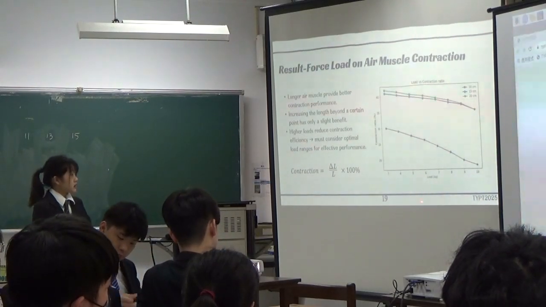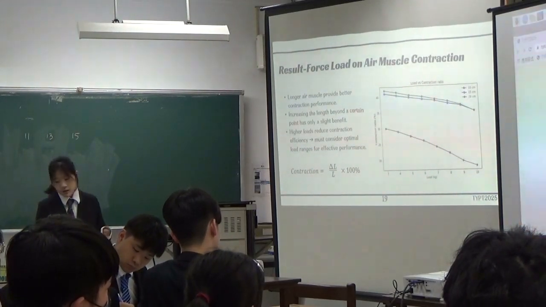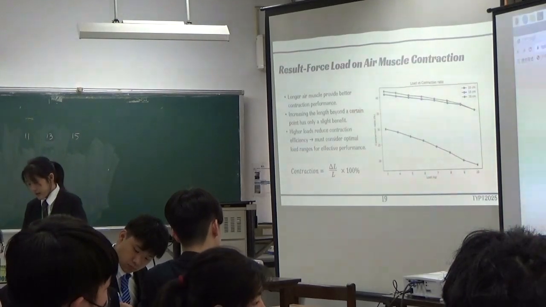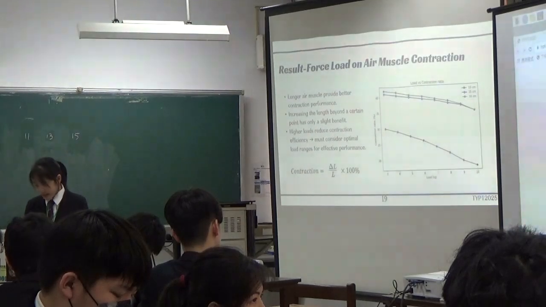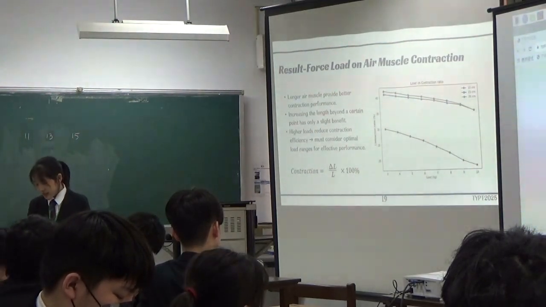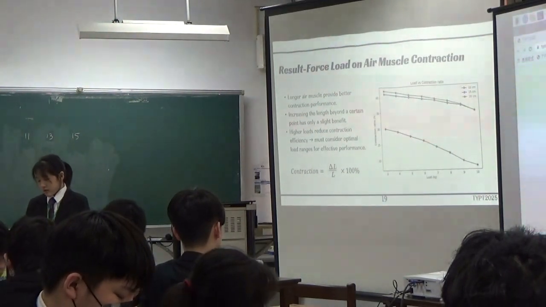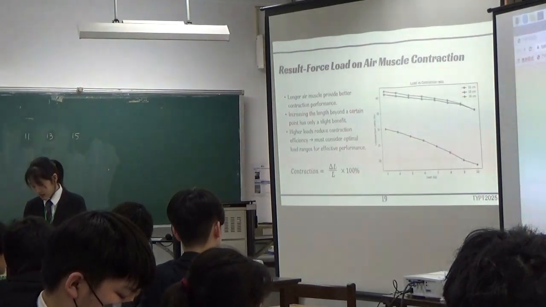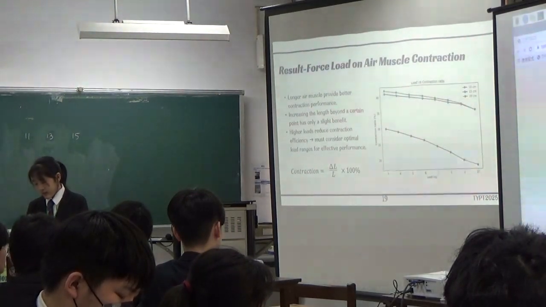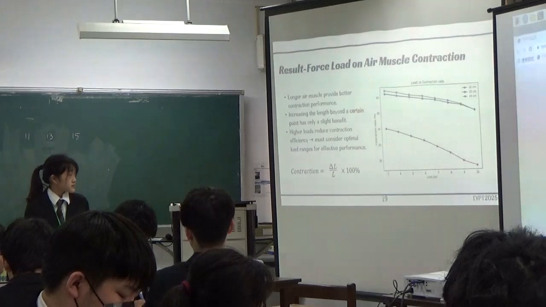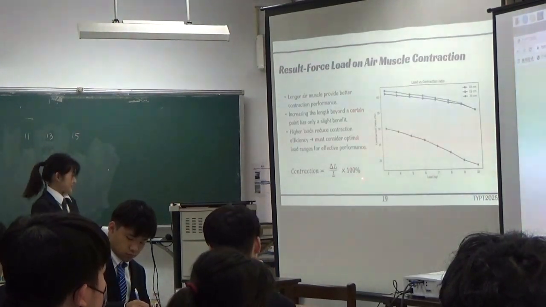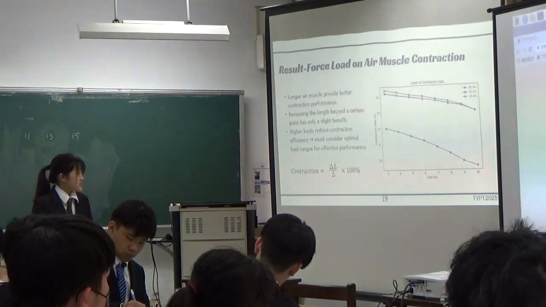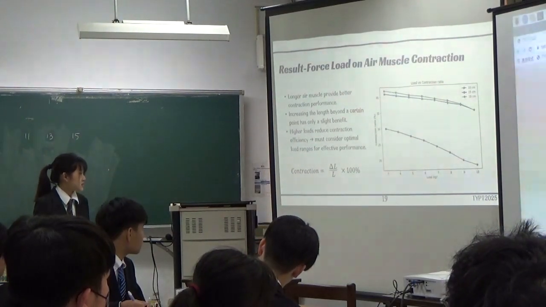And by seeing the 10 cm mesh, you can see that it shows the steepest decline, meaning it loses contraction efficiency faster with increasing load. And this is the contraction ratio equation.